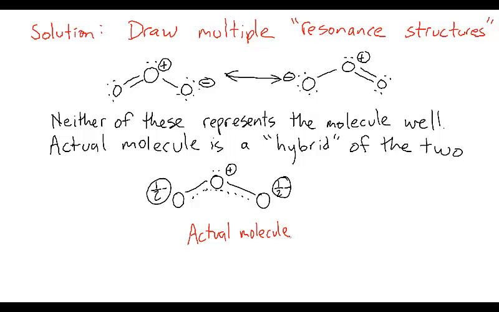And what we say is this extra bond here, it seems like there could be a double bond on both sides. This extra bond is what we call a delocalized pi bond.